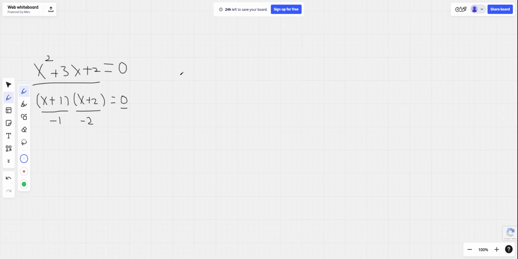So let's say we have the polynomial 24x cubed minus 6x squared plus 28x minus 7. Okay, so the first thing you want to do is group the terms into two.